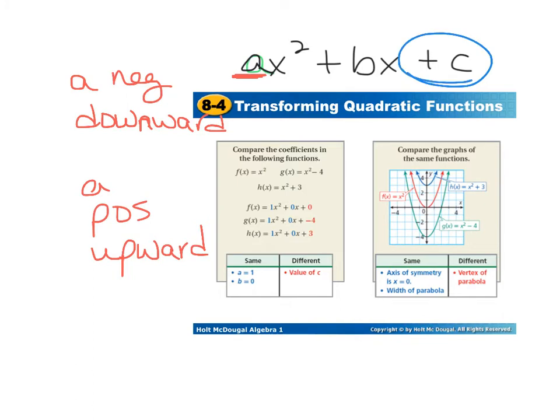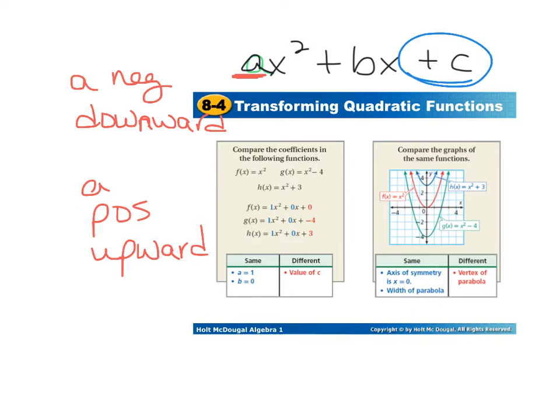And just like before when we did the linear functions, this c, remember, is our y-intercept. So this is going to tell us how the graph slides, up or down. When the c is positive, it's going to slide up. When the c is negative, it's going to be sliding down. So let's go ahead and take a look at that.